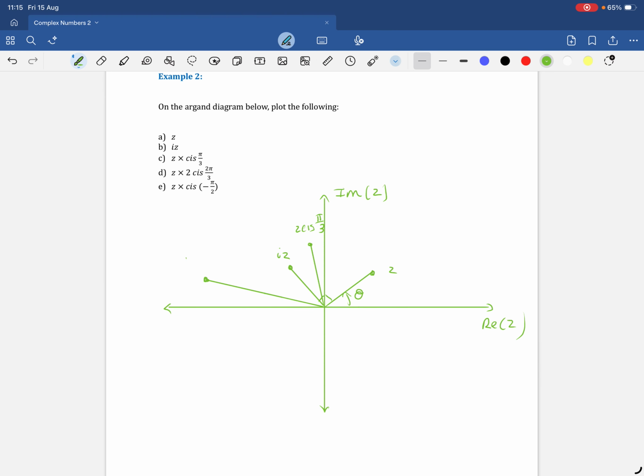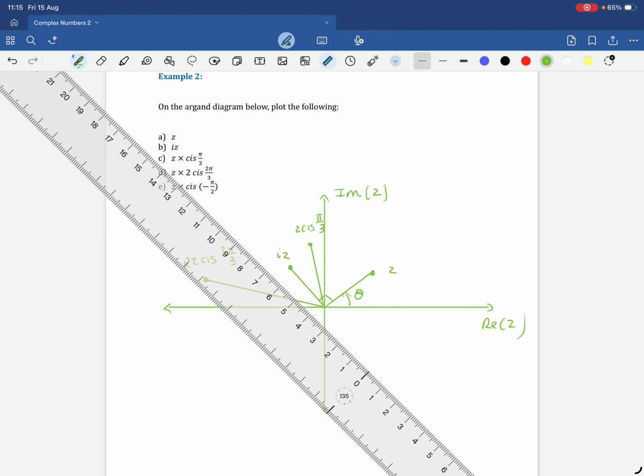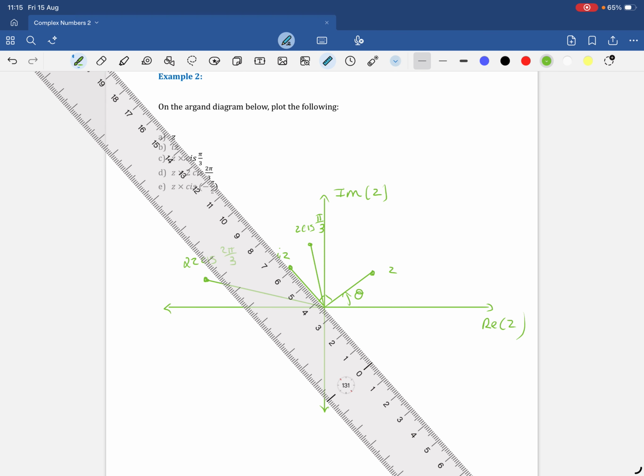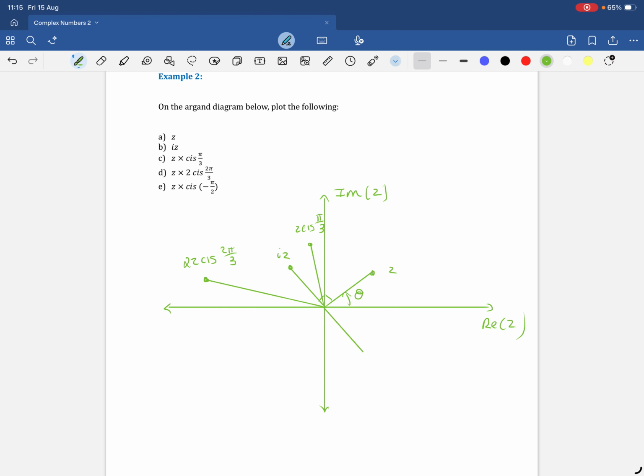So this is 2z cis of 2 pi on 3. And then finally, cis of minus pi on 2, which is the same as multiplying it by negative i, is going to put a right angle, but we're going in the opposite direction. So that's z multiplied by cis of minus pi on 2.